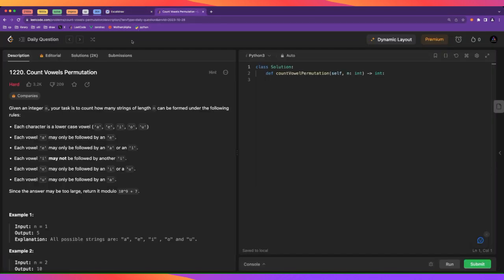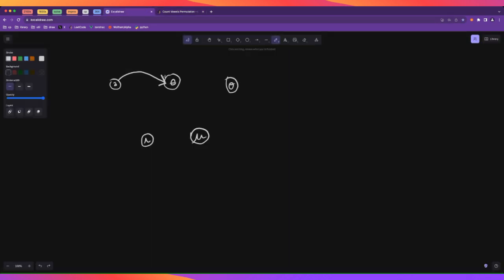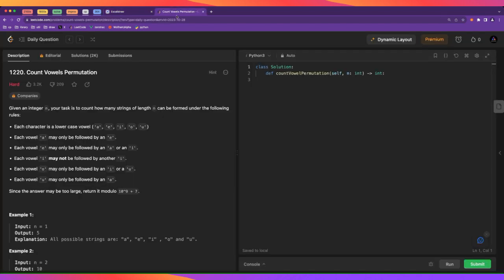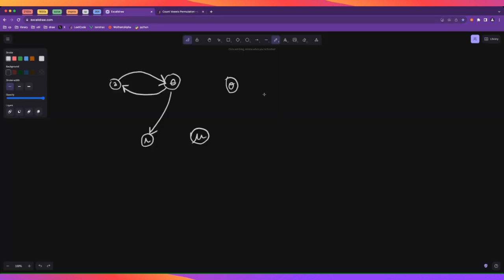Then E goes to A or I, so here we can go back, or we can go to I. Then I may not be followed by another I, so it can go to every other letter, but not to itself.